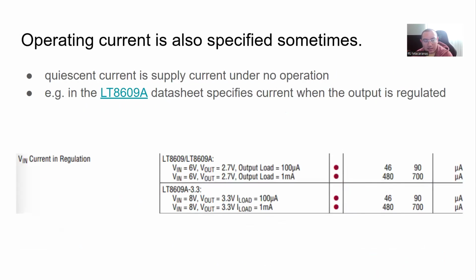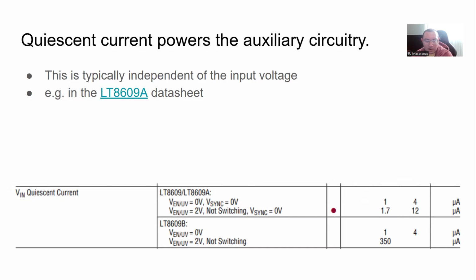And in this case, it's coming from the quiescent current, right? We're pulling in current from that input voltage pin in order to power all of the different circuits inside of the chip. And this current is typically independent of the input voltage, right? It just needs a little bit of this bias current to turn things on.